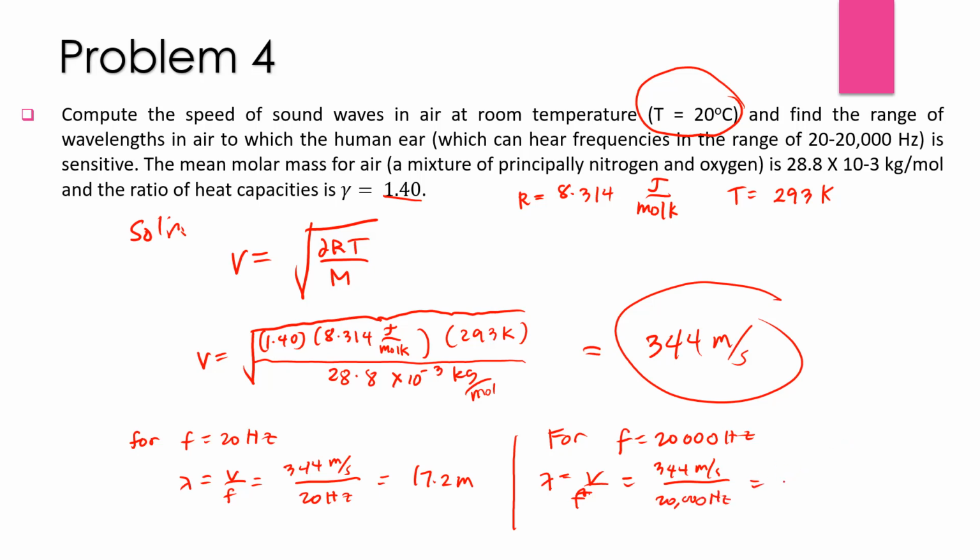This is equal to 0.0172 meters, or around 1.72 centimeters. Okay, so the range of wavelengths is from 17.2 meters down to 1.72 centimeters for the audible range of 20 to 20,000 hertz.